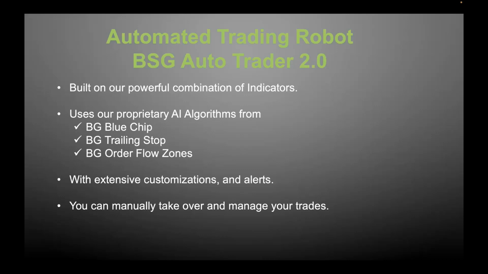This system is really designed to do the heavy lifting for you. You can literally just set it and go, but you can manually intervene at any time. If it's not in a trade and you want it to get into a trade, get into a trade. If it's in a trade and you think it should get out of the trade, you can manually intervene at any point.